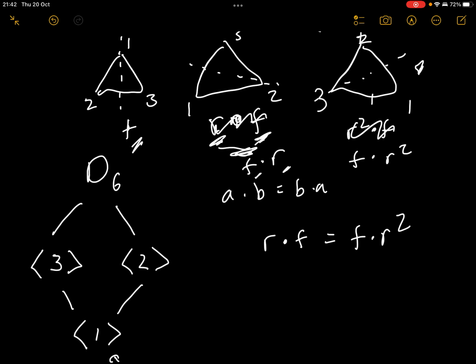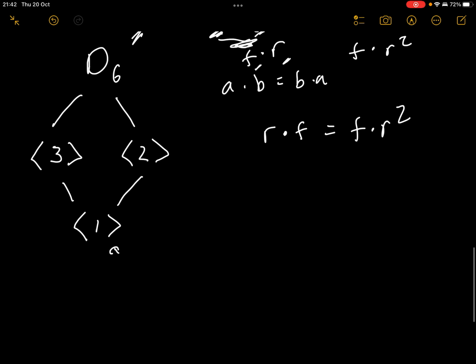So it turns out it's not commutative, it's a bit different. And it does turn out that most groups are not commutative, so it shouldn't be a surprise.